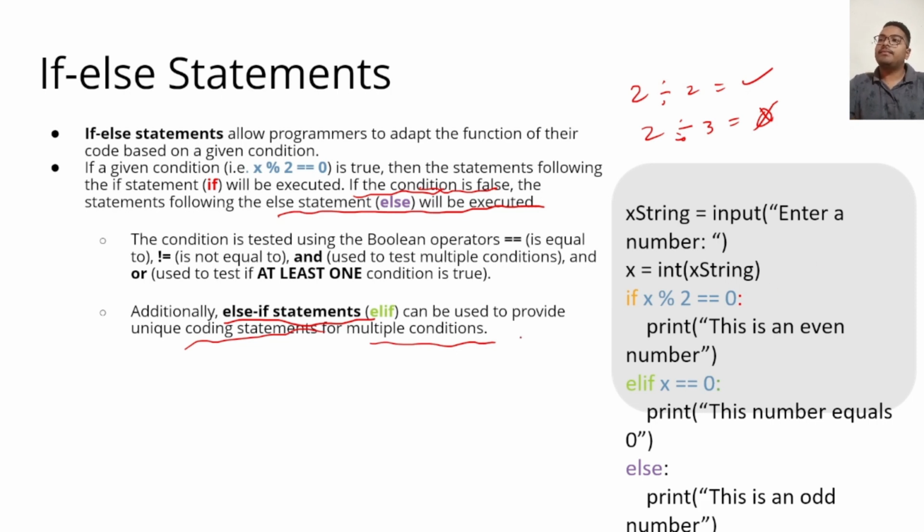If you see here, if x divided by 2 is equal to 0, then print that this number is even. If x is equal to 0, print this number is equal to 0, and if it is not equal, then print that this is an odd number, which is nothing but else or else if.